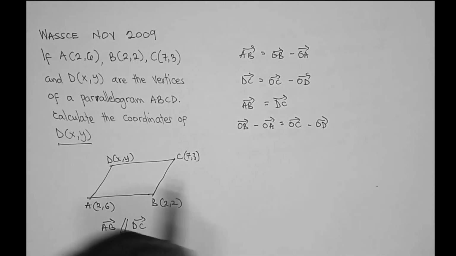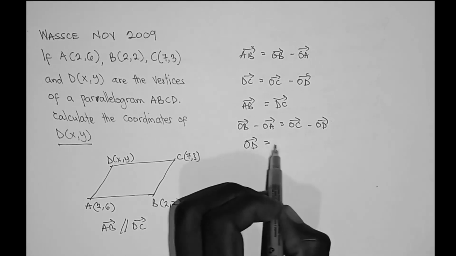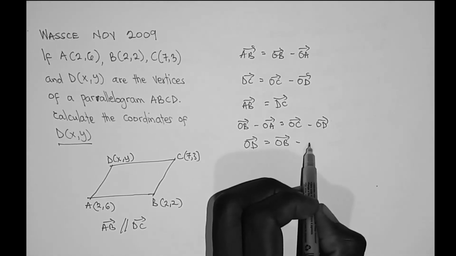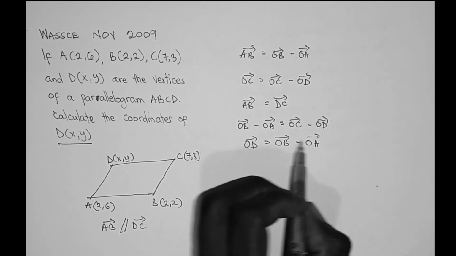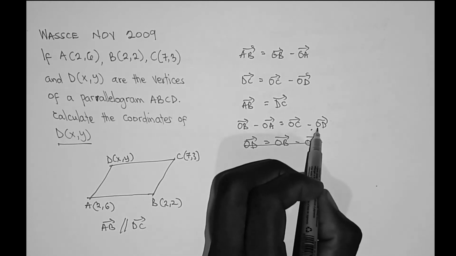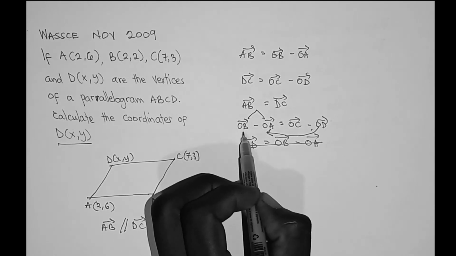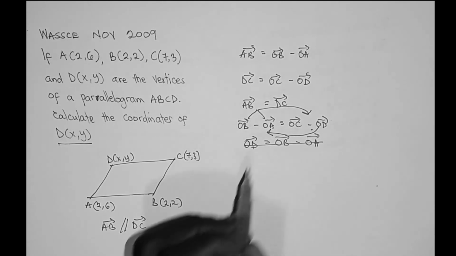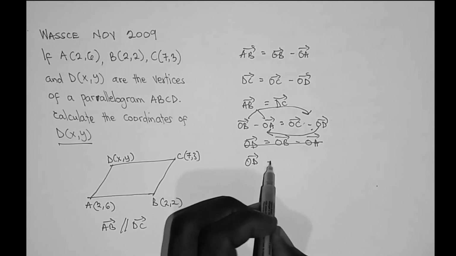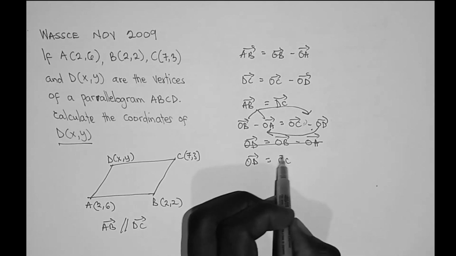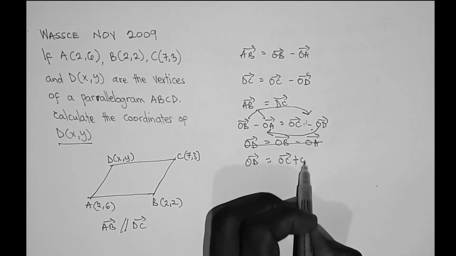But at the end of the day, we are looking for D, so let's make D the subject. So OD equals OB minus OA. Then if I take OC, I made a mistake. Let me bring OD to this side and take both OB and OA to this side of the equation. So minus OD becomes OD equals OC, then minus OA becomes plus OA.